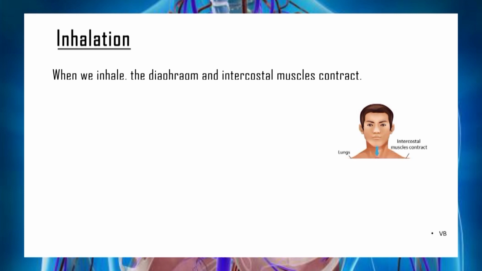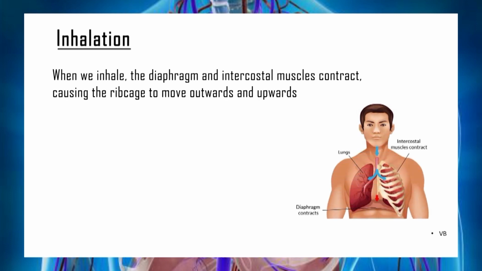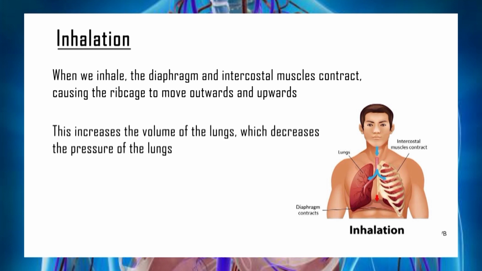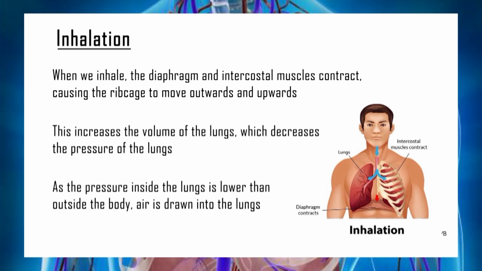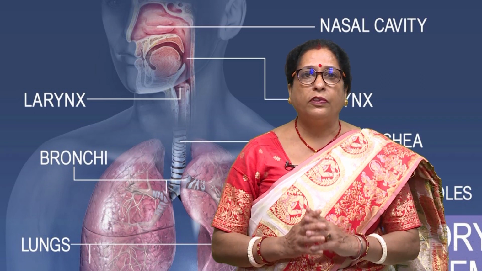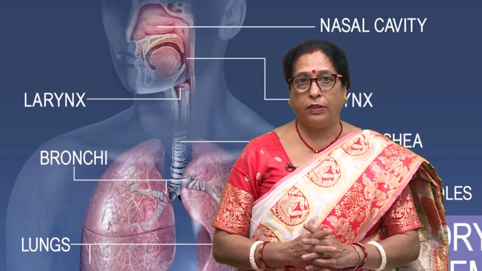When we inhale, the diaphragm and the intercostal muscles contract, causing the rib cage to move outwards and upwards. This increases the volume of the lungs, which decreases the pressure in the lungs. As the pressure inside the lungs is lower than outside the body, air is drawn into the lungs. This equalizes the pressure.